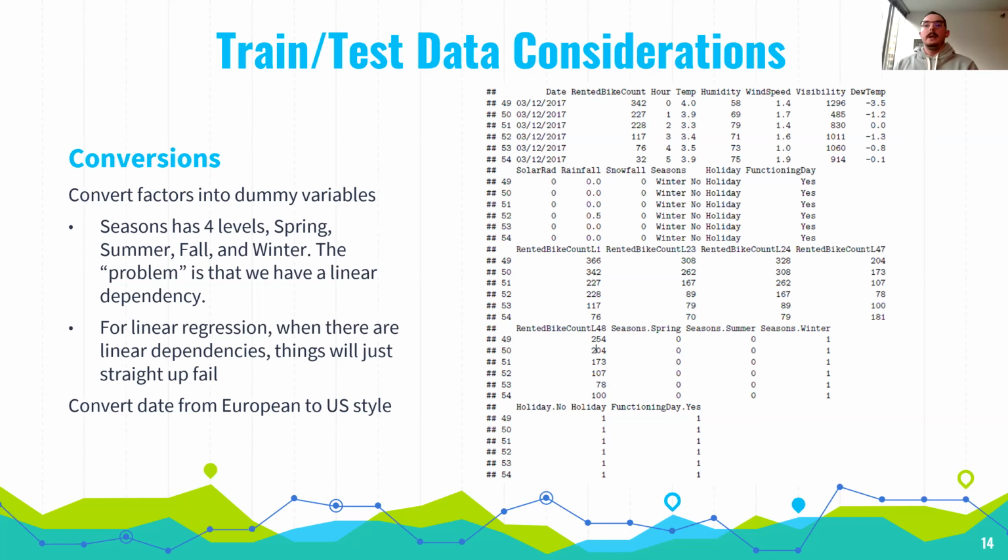So I created models for various seasons. I just adjusted basically where I had my training and test data, and I didn't see any major statistical significance when I adjusted those dates.